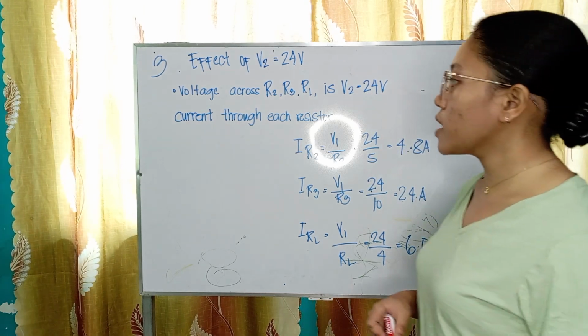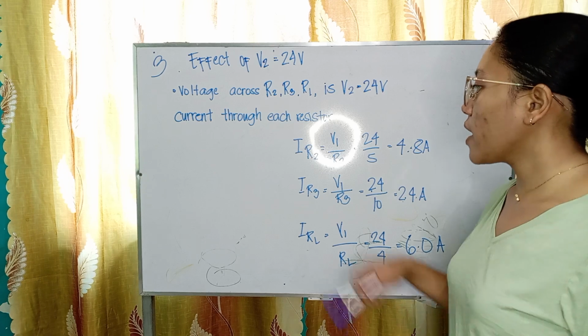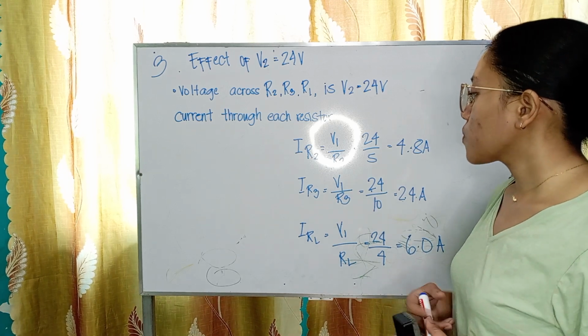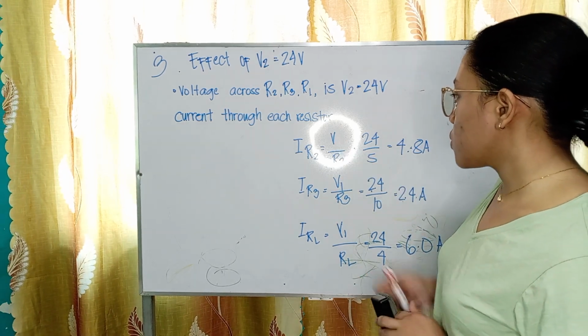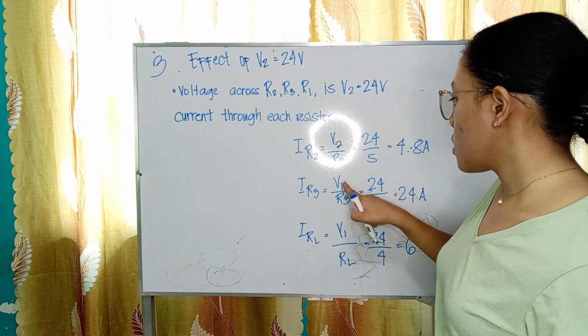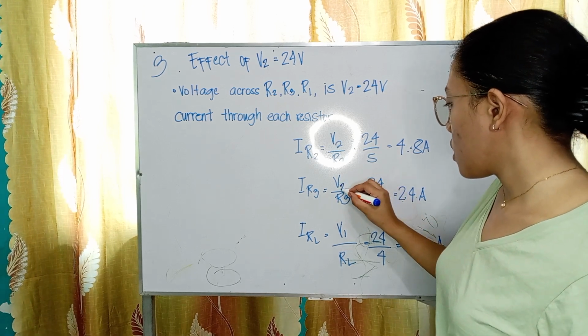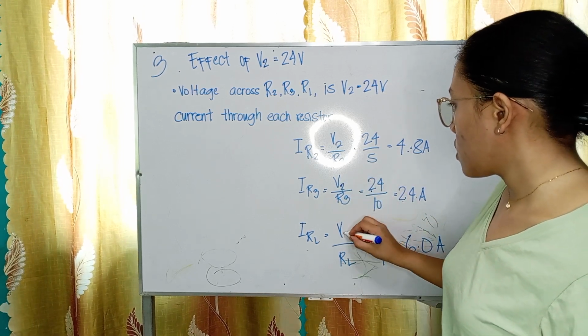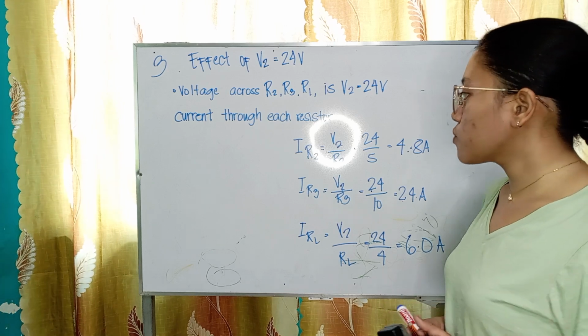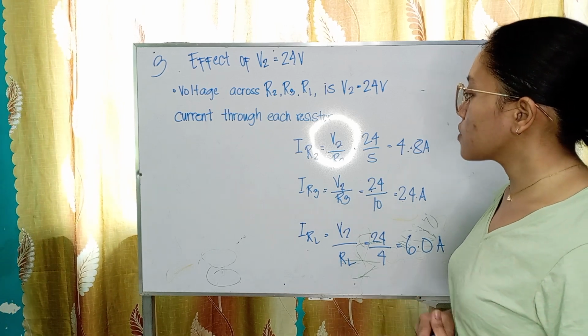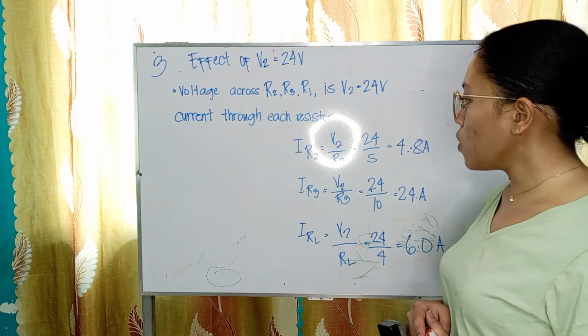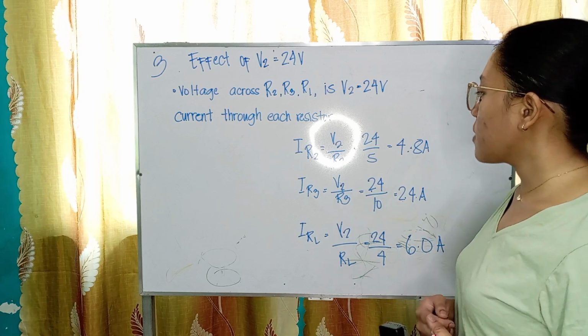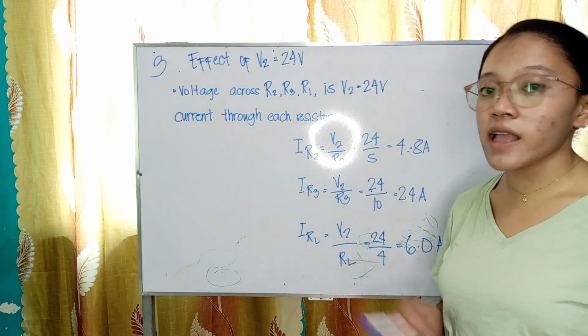For the current through each resistor, IR sub 2 equals V sub 2 over R sub 2, equal to 24 divided by 5, equal to 4.8 amperes.